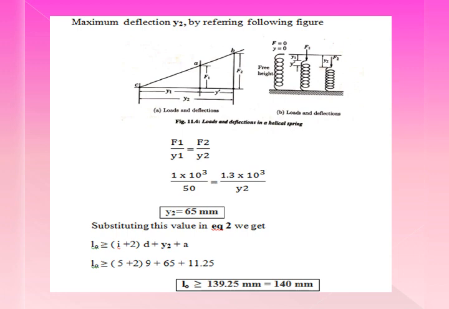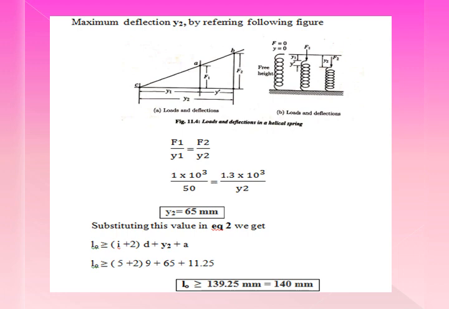Now substituting these two values, a as well as y2, in equation number 2, we are getting L naught greater than or equal to i plus 2 into d plus y2 plus a, that is L naught greater than or equal to 5 plus 2 into 9 plus 65 plus 11.25. So we are getting L naught greater than or equal to 139.25 mm, or I will take that as 140 mm.